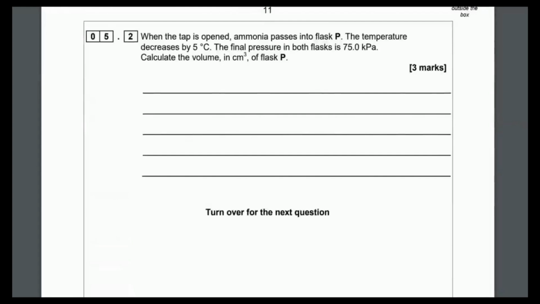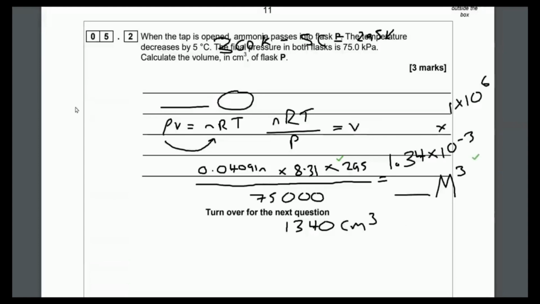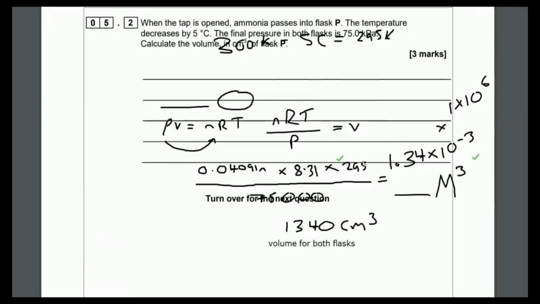How do I do that? Yeah, there we go. We're back, right? And then this is the volume for both flasks. The pressure was the same in both, 75,000. The temperature's the same in both. The amount of moles of ammonia are the same in both. So technically all of these were for both.